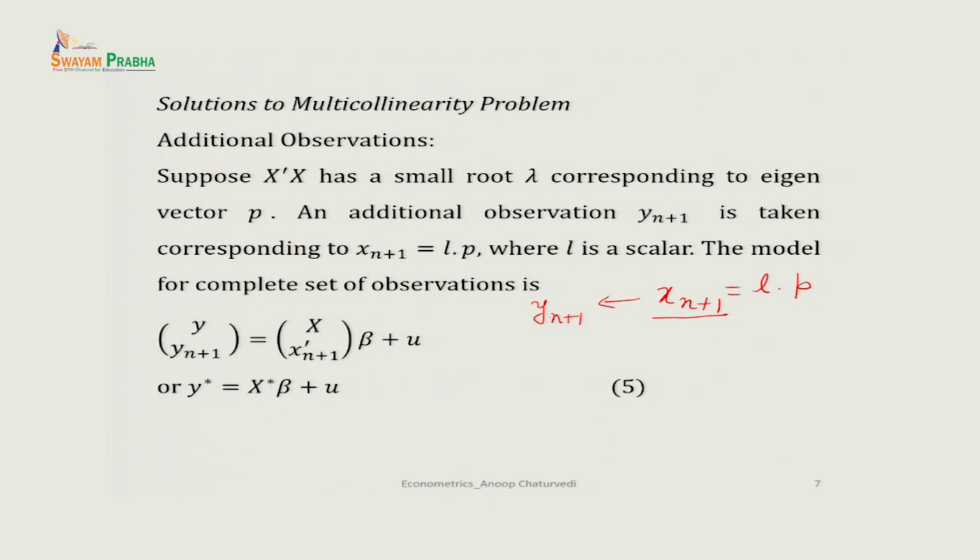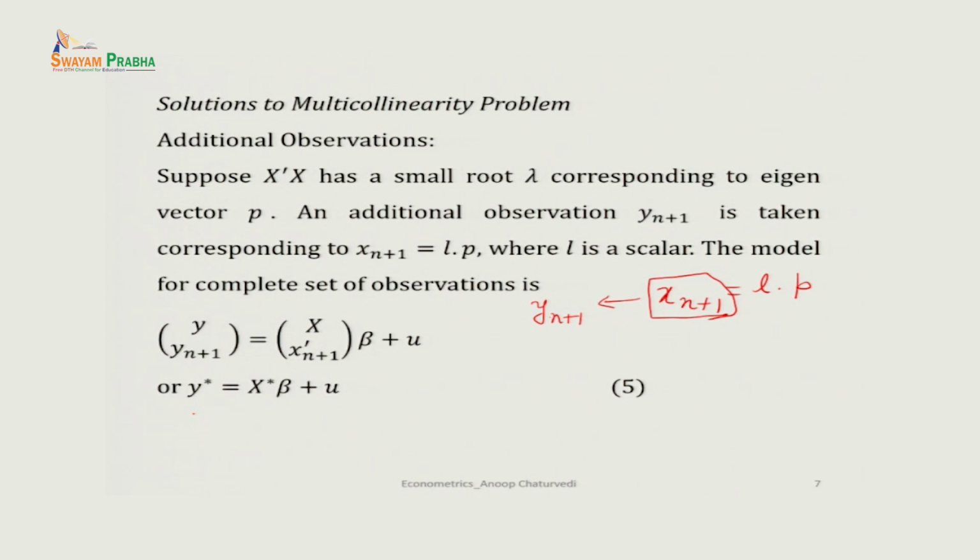Now, of course, in some experiments it may be possible for you to set the values of x's. So, you just set x n plus 1 equal to some constant times p. Then the model for complete set of observations is y n plus 1 equal to x n plus 1 transpose beta plus u, or y star equal to x star beta plus u.